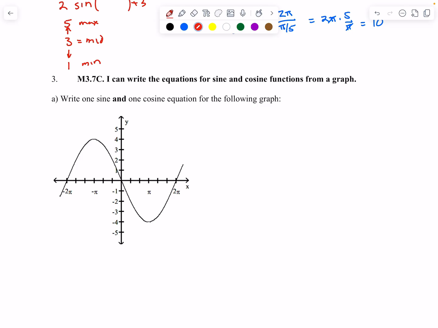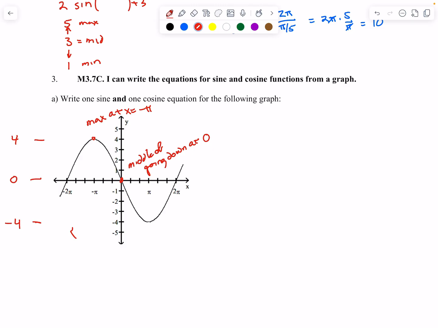Okay, so first off, we're in the middle of going down at 0. We're at the max at x equals negative pi. I want to figure out the period as well, and also the max and the min. So max is 4, midline is 0, min is negative 4.